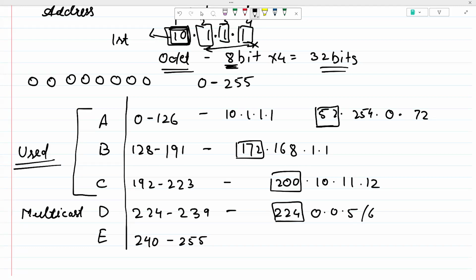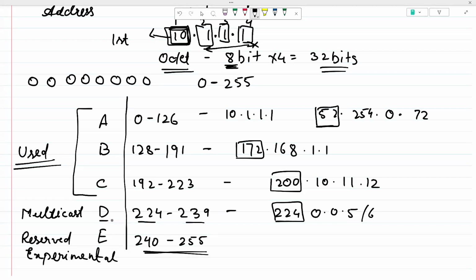All your routing protocols have a multicast IP address between 224 and 239. Class E is called reserved, or you can also call it experimental. These are never used in real time. So you will come across A, B, C IP addresses frequently.